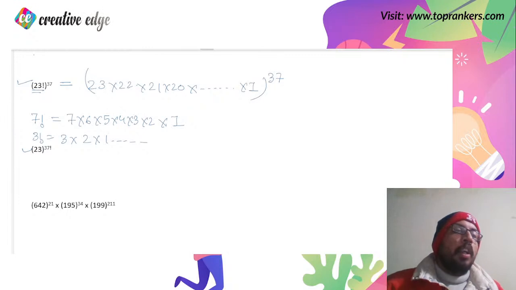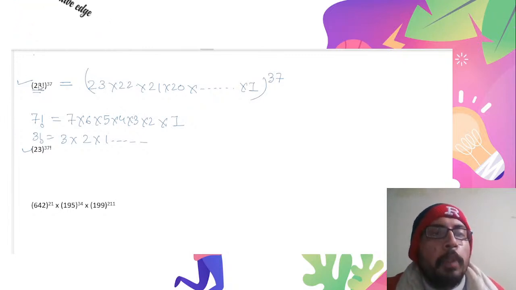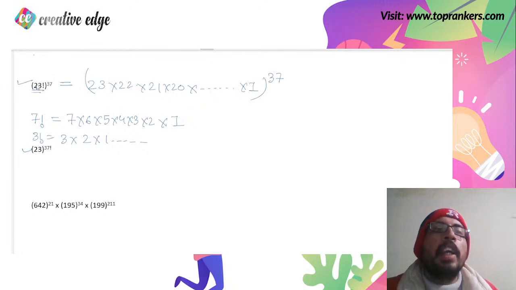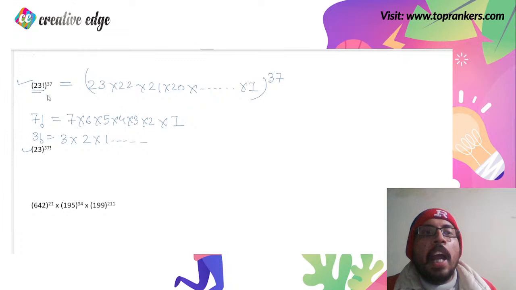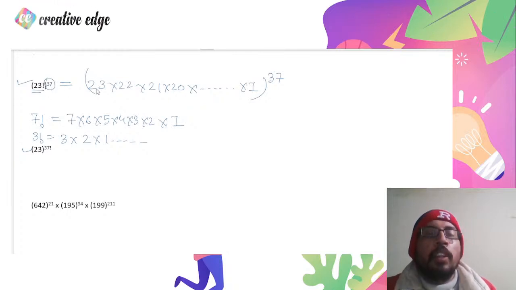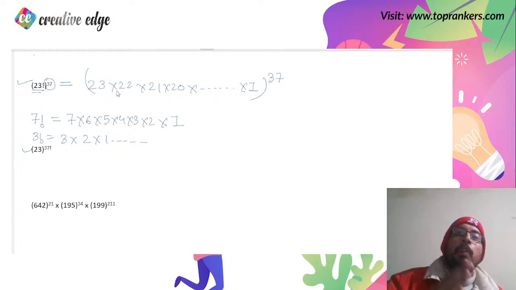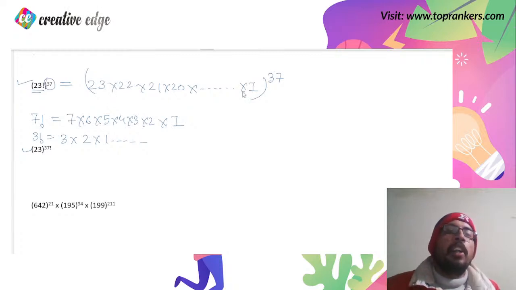So, in order to find the unit place of this number, the first thing we should know is what exactly is going to be at the unit place of this expansion. This expansion is 23 factorial. For a while, forget this 37. What will come at the unit place when I expand 23 into 22 into 21 and keep multiplying until 1?